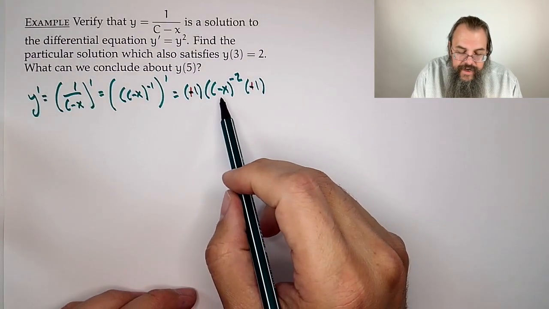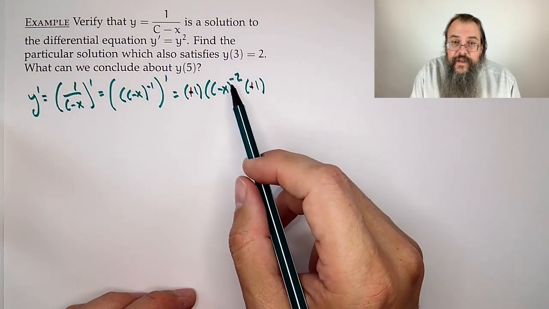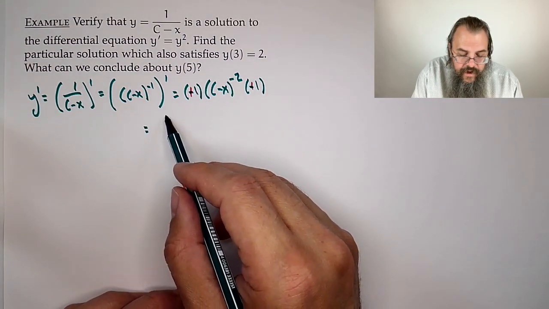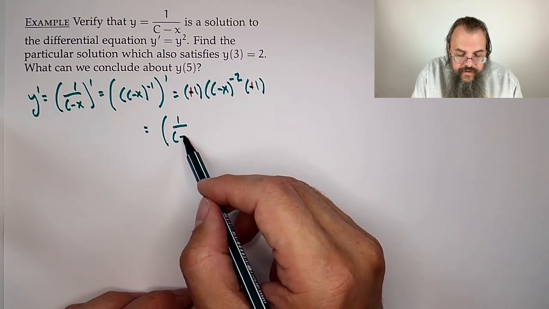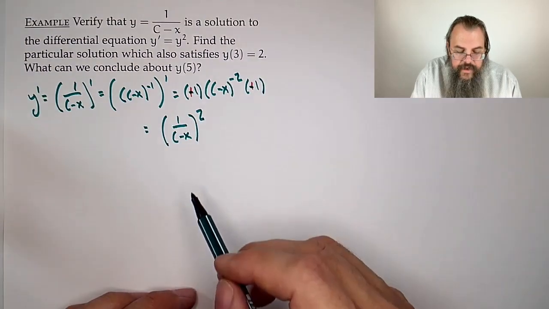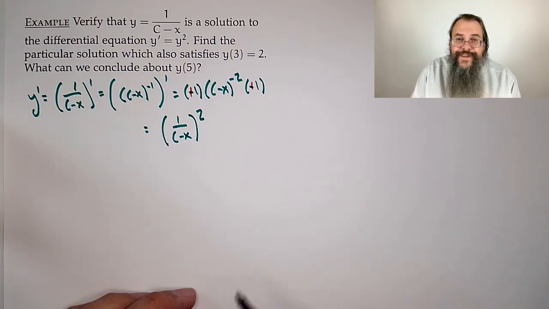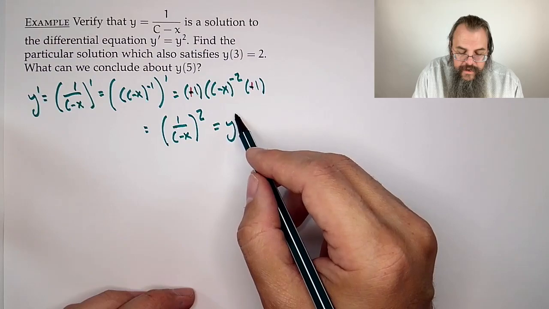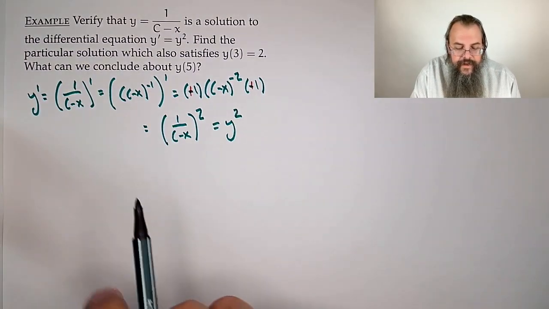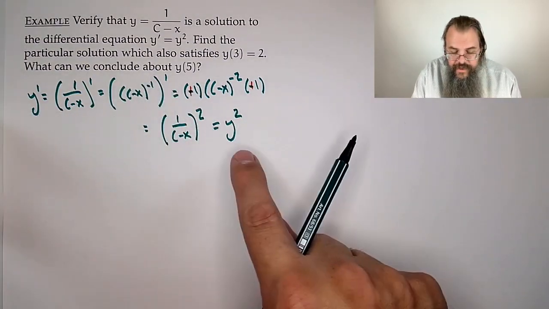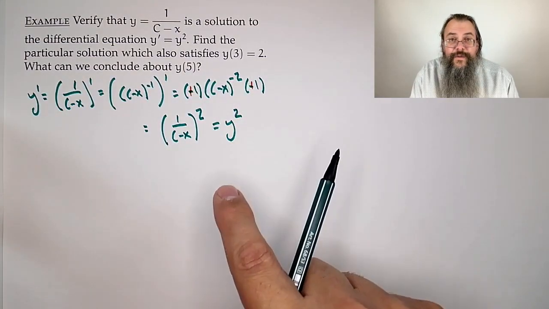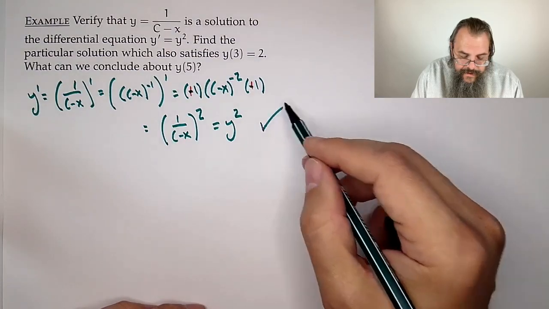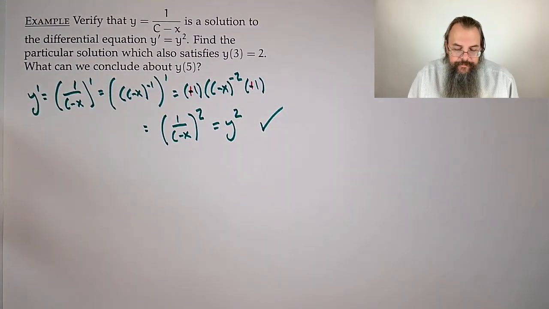Well, we really have c minus x squared downstairs, because that negative sign means move it downstairs. So this could also be written as 1 over c minus x quantity squared. Well, wait, 1 over c minus x, that's another name for y. So this is y squared. And now we verified y prime equals y squared. Done. All right, so verification complete.